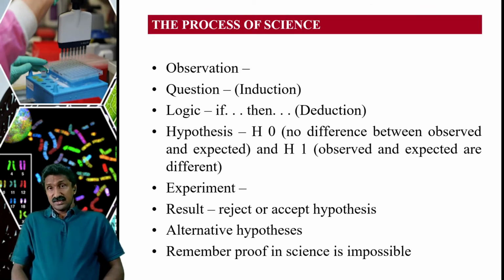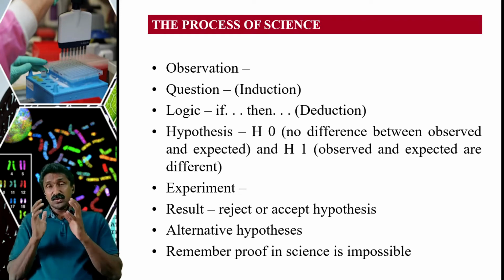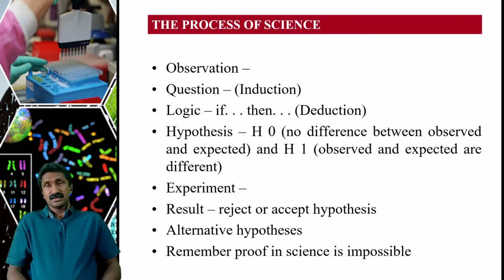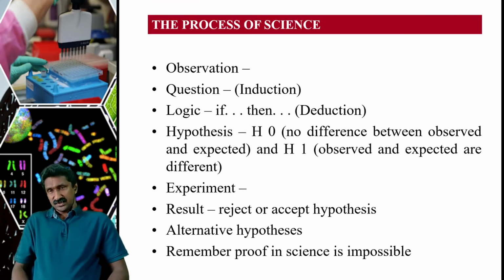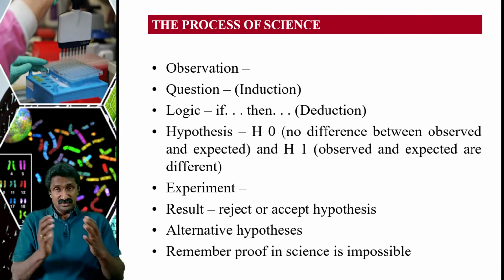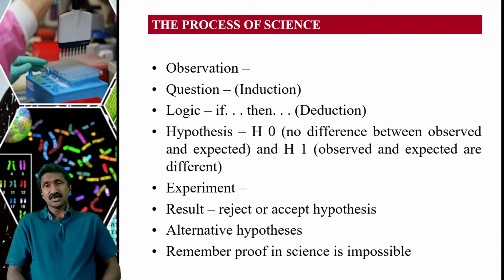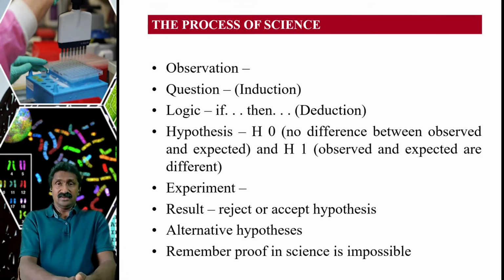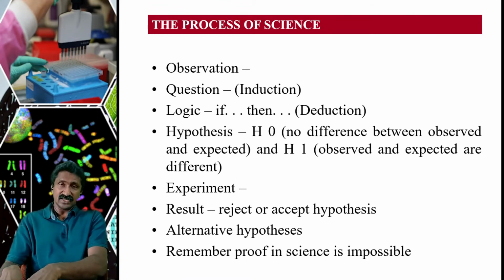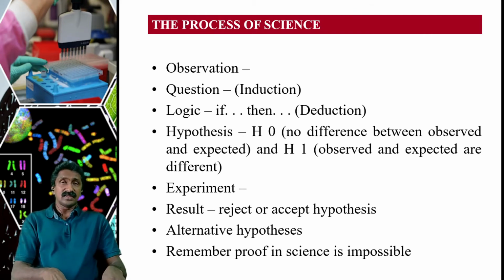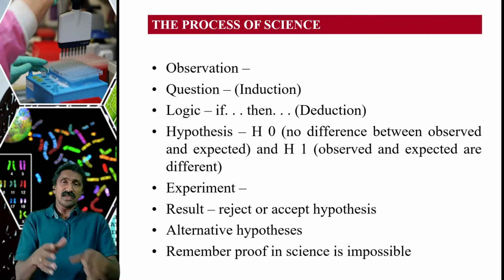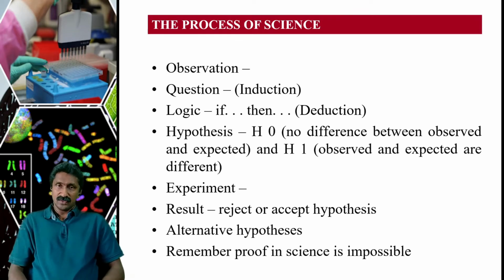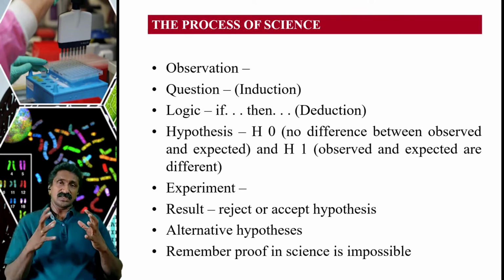Then, once you have an induction, you will try to derive some logic out of it to explain. If-then statements will be incorporated. For example, if such a condition A and B exists, then the result should be this. That type of direction is possible. So usually a hypothesis is derived from that.